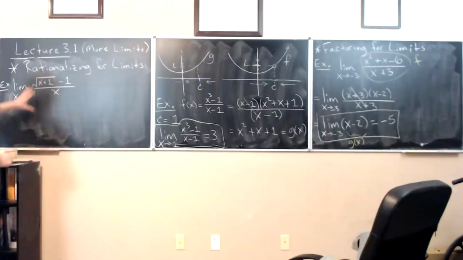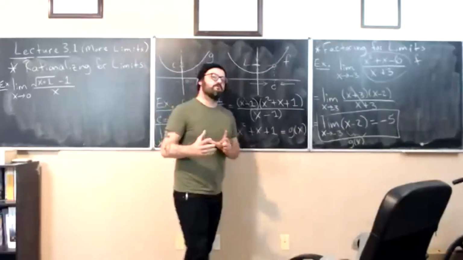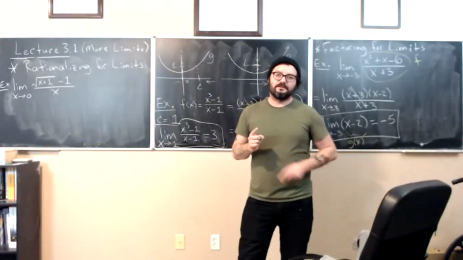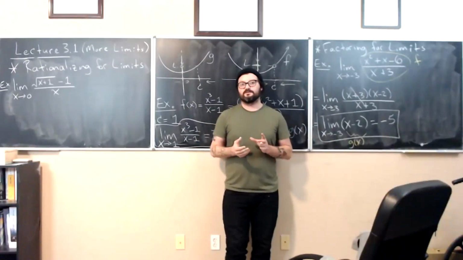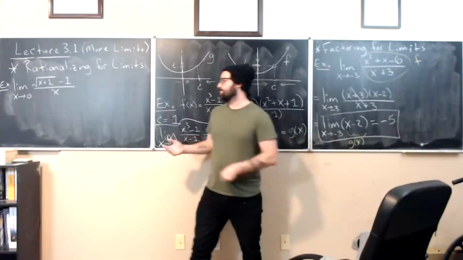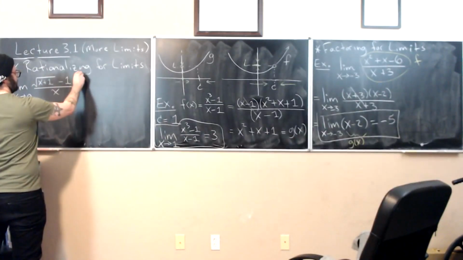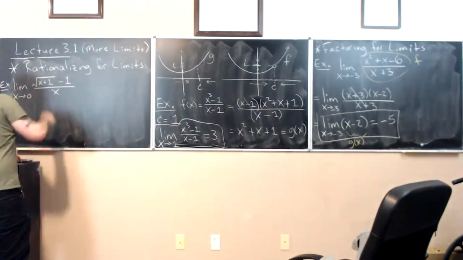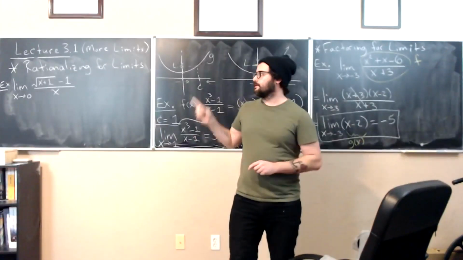So starting with this, I'm going to multiply by a special form of 1. Remember from algebra that you can always multiply an expression by 1 and nothing will change. So I'm going to multiply by a particular form of 1 to get rid of that radical right there in the numerator.